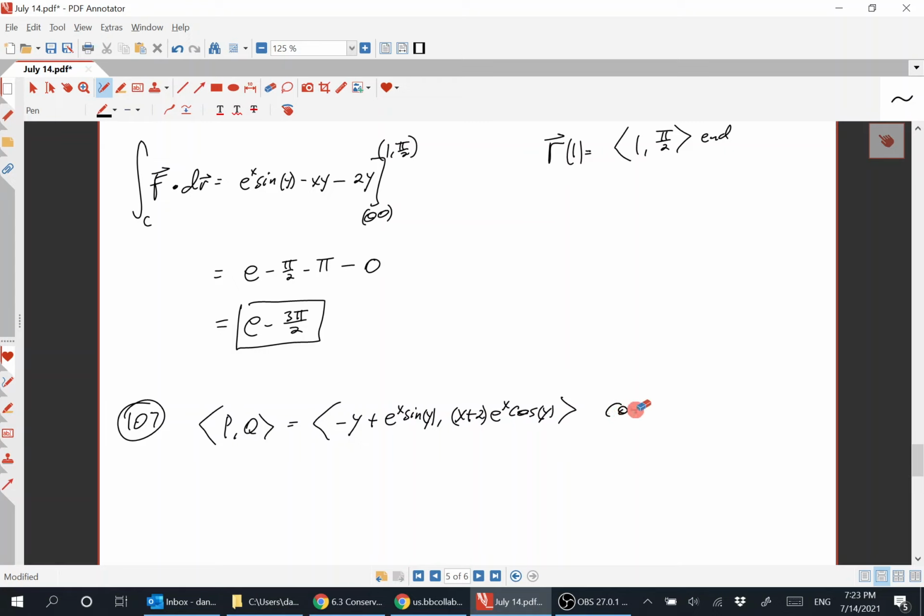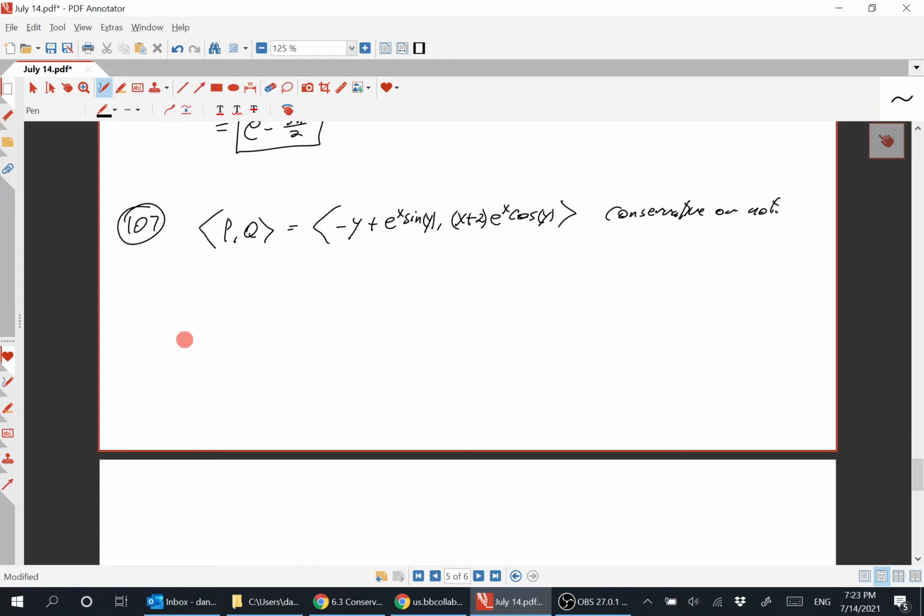All right, conservative or not. Well, this is p. So we look at the partial derivative of p with respect to y, and you're going to have minus 1 plus e to the x cosine y, and the partial derivative of q with respect to x, I got to use the product rule. So it's the derivative of x plus 2 times e to the x cosine y, plus x plus 2 times the derivative of e to the x cosine y.